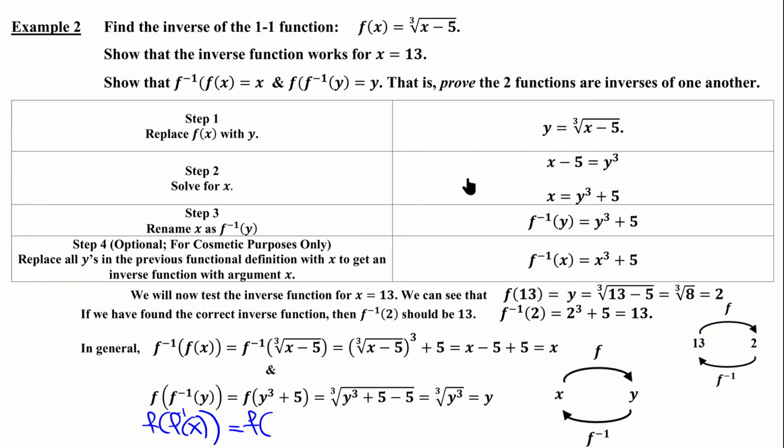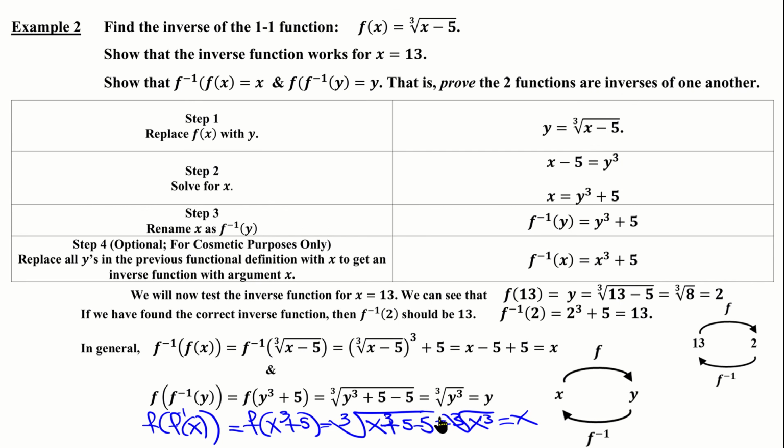Using x would have been x cubed plus 5, and then we do the action of f to x cubed plus 5, so we get the cube root of x cubed plus 5 minus 5, which is the cube root of x cubed, which is x. The only reason I chose y is because with this visual here, the y would work so much better.